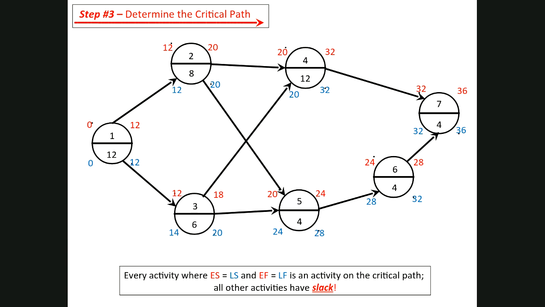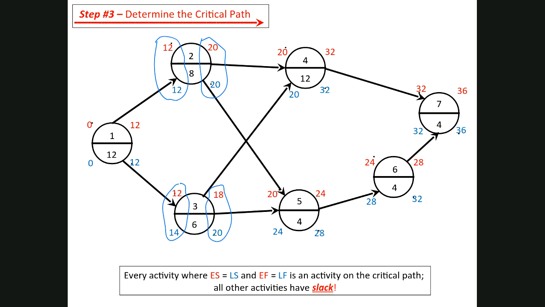Now you'll notice there's some tasks where, let me just start with task 2, where these latest start times and the earliest start and the latest finish and the earliest finish times are the same. Then there's other nodes, other activities where they are not the same.